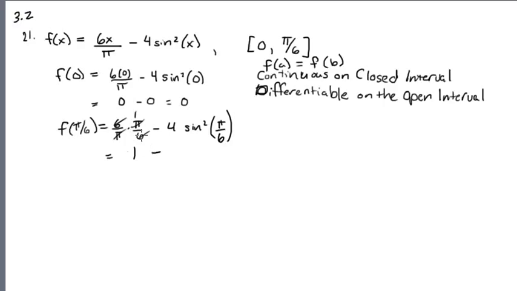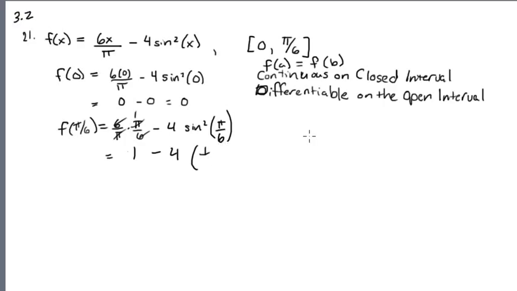They're reciprocals of each other, so when I multiply by them, you should get 1. And this is going to be 4. Pi over 6 is the same thing as the reference angle of 30 degrees, right? And for 30 degrees, sine is 1/2.